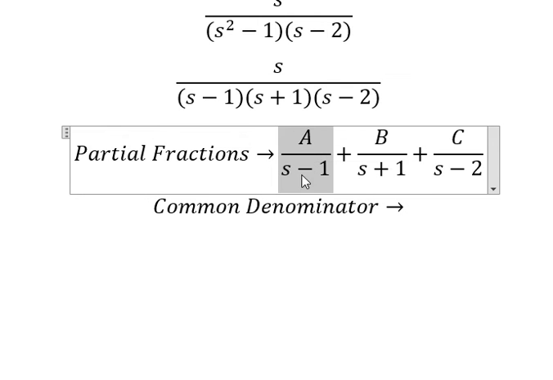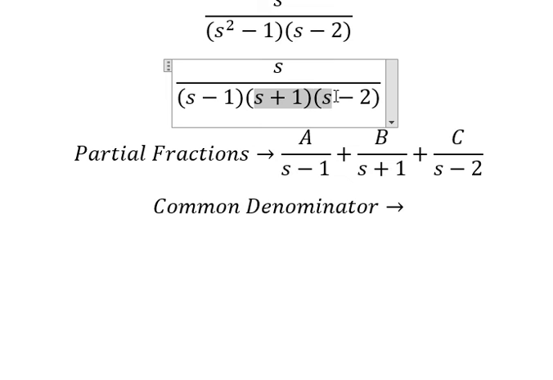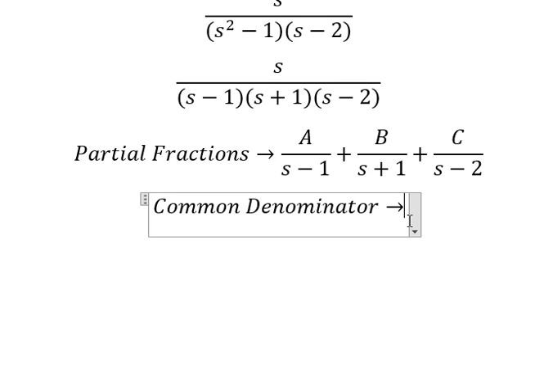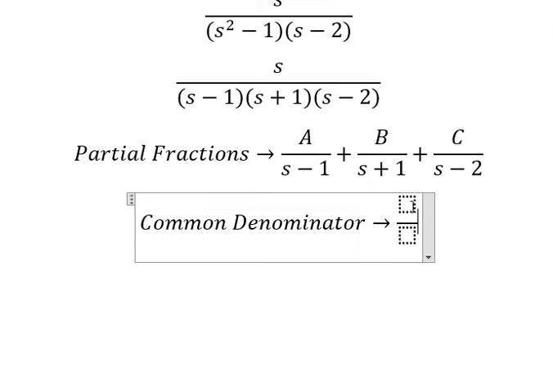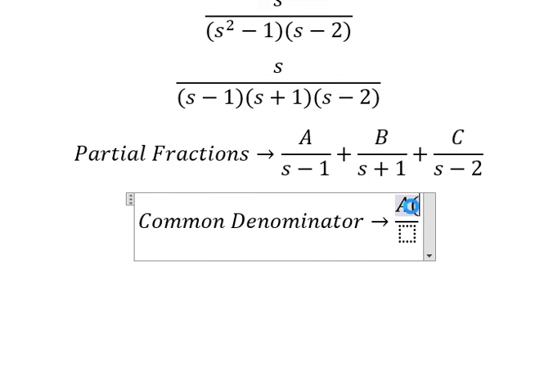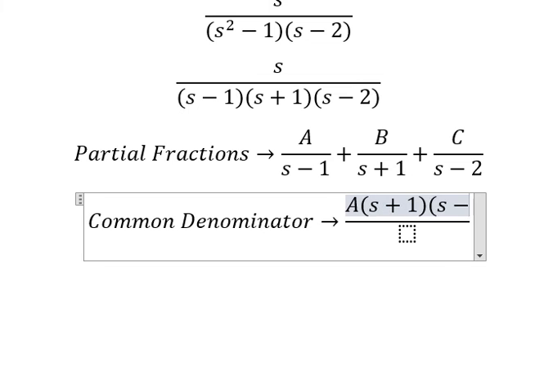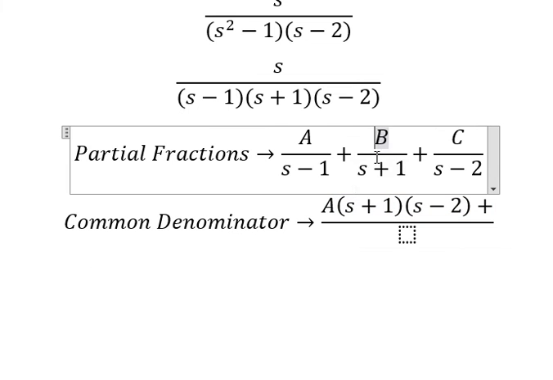So about this one, it is missing h plus 1, h minus 2. So capital A will multiply by h plus 1, h minus 2. About this one, it is missing h minus 1, h minus 2.